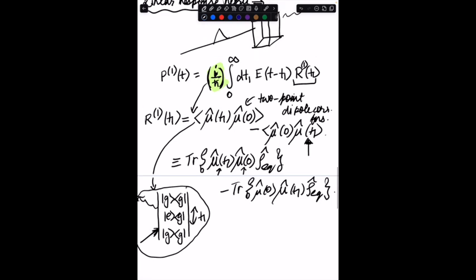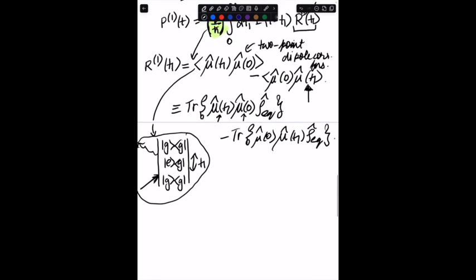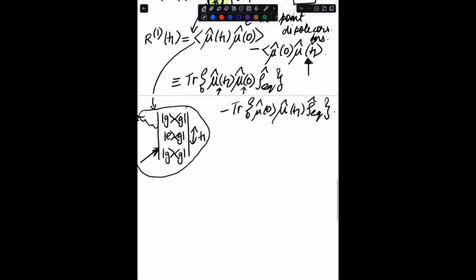So this is the time at which your signal field is emitted. Right, so let us go ahead and calculate these 2-point dipole correlation functions, which are given by the trace of mu T1, mu 0 with the equilibrium density operator.